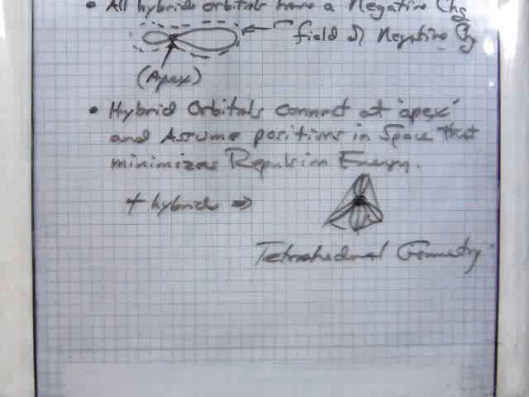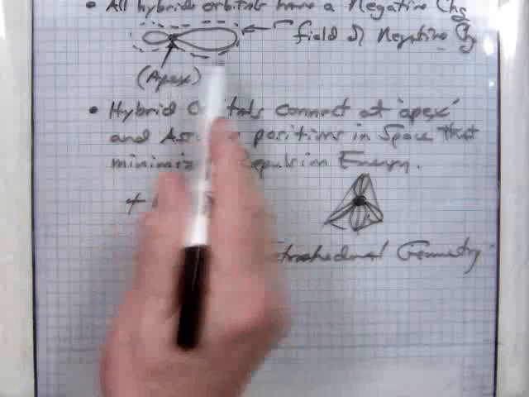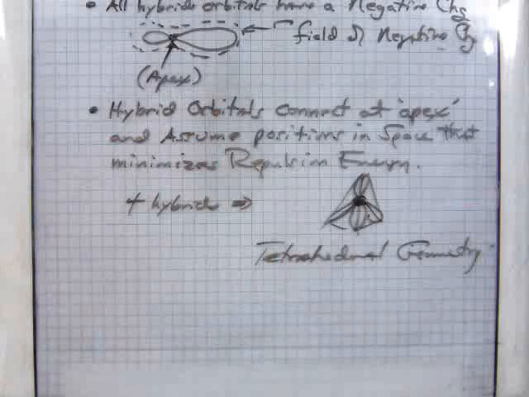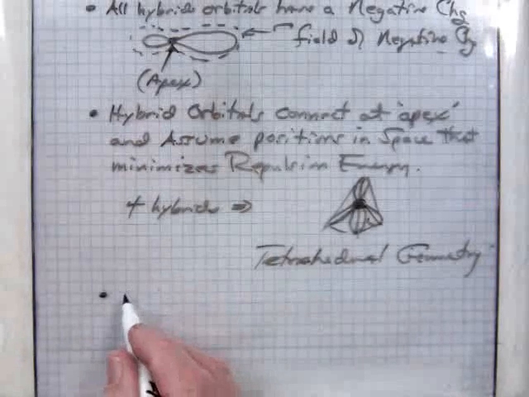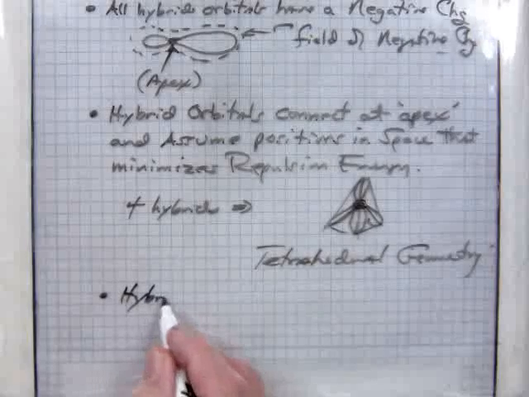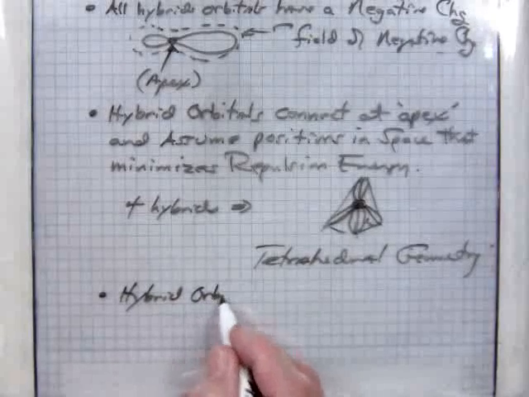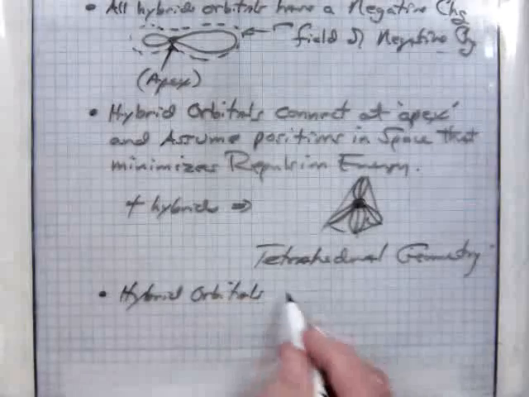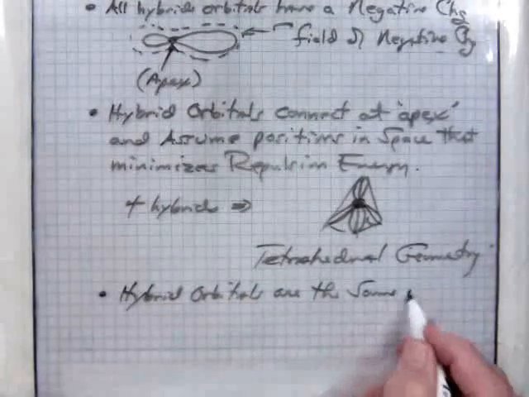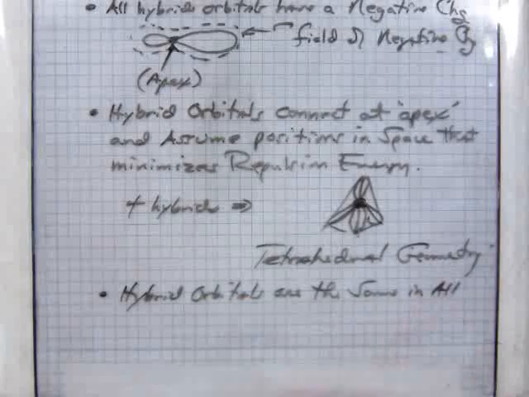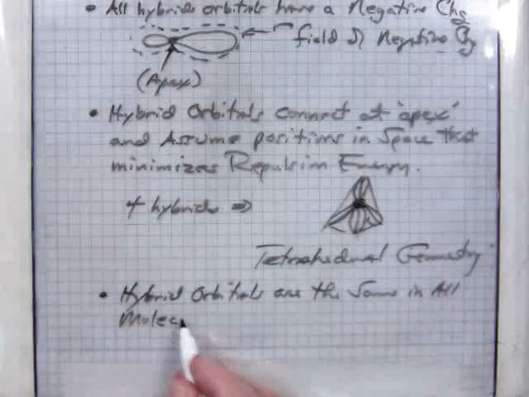So when you change molecules, you still have this asymmetrical geometry. So what we're talking about here, hybrid orbitals are the same in all molecular structures.